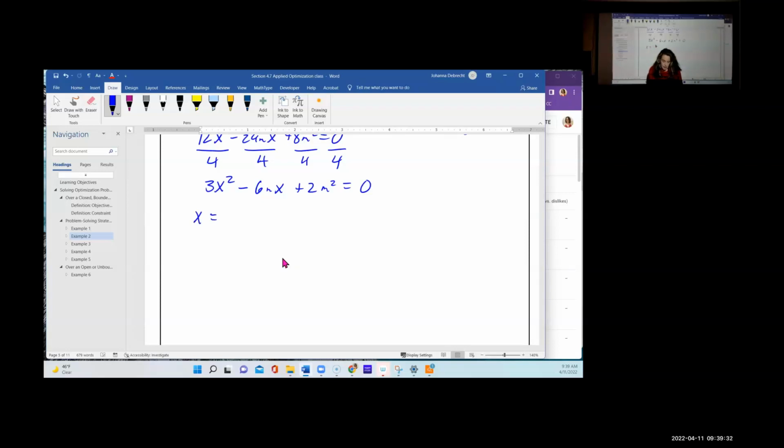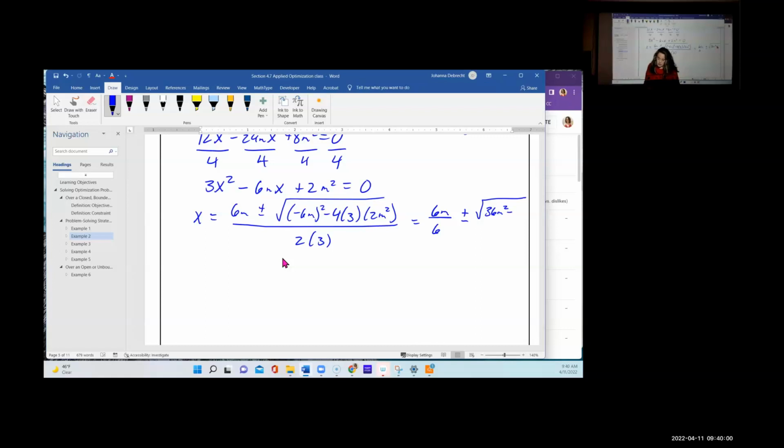So we have x equals the opposite of b, which is 6 meters, plus or minus the square root of b squared minus 4 times a times c, all divided by 2 times a, which becomes 6 meters over 6 plus or minus the square root of 36 square meters minus 12 times 2 would be 24 square meters, all divided by 6, which is going to give us 1 meter plus or minus the square root of 12 meters squared over 6.